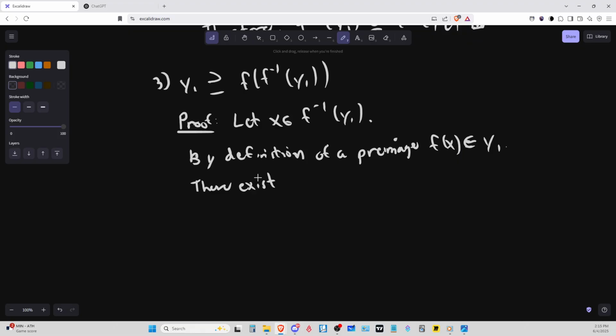There exists y, which is an element of y1, such that f of x is equal to y. Or maybe y1.